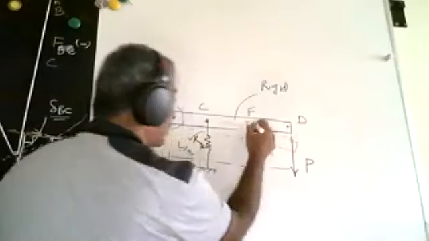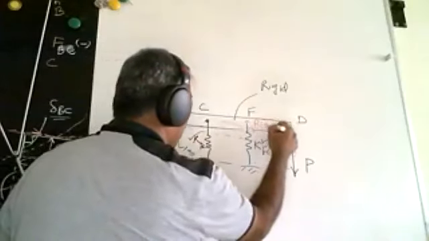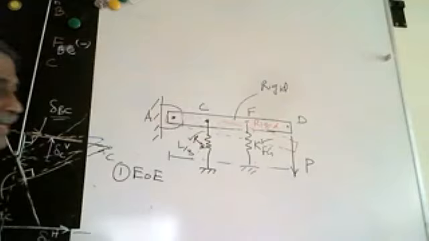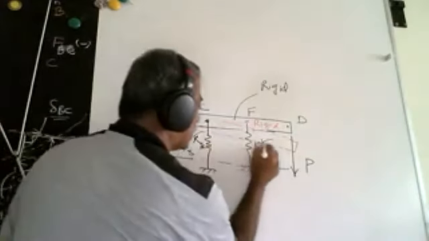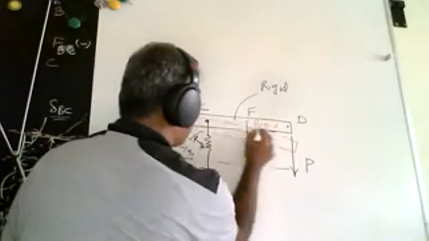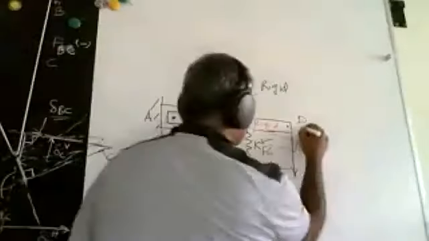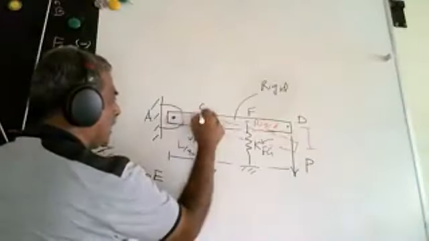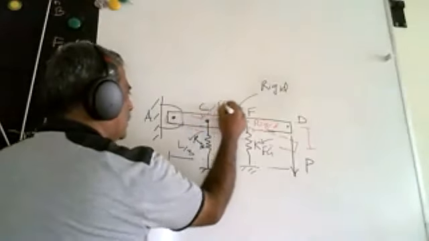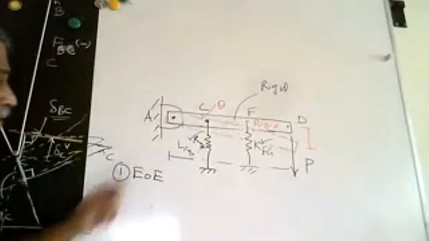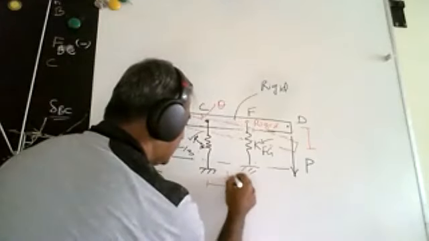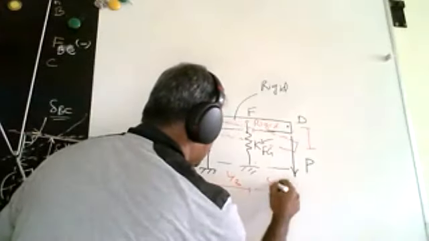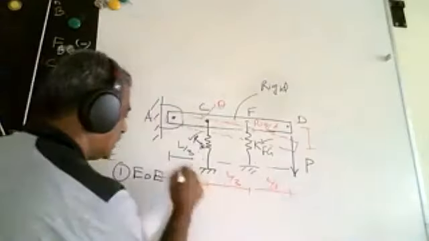Remember, this rod is a rigid rod, right? Let us say it is tilted to an extent like this. Let's say the angle that we have is theta here. Now it is simple. So let's say this length is L by 3, this length is L by 3, this length is L by 3.